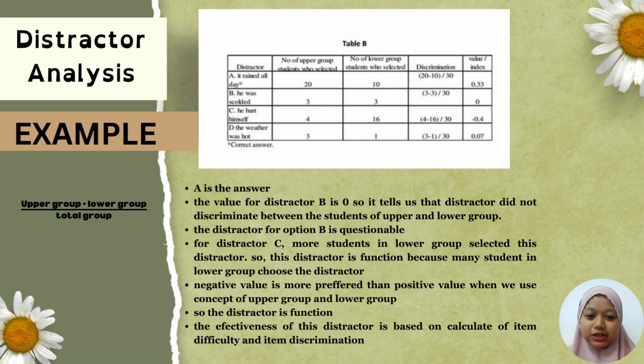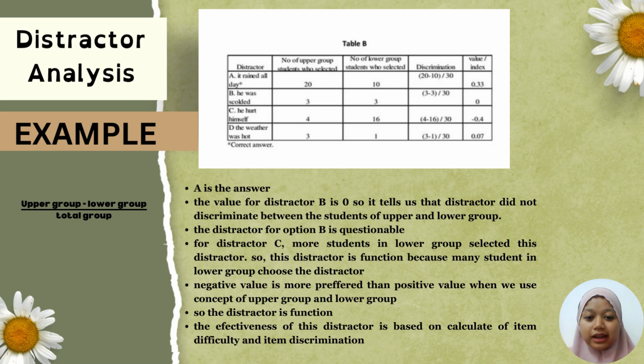Okay, last but not least, I want to show you all an example of distractor analysis based on upper group and lower group. Based on table B, A is the answer. First, the value for distractor B is 0. So it tells us that the distractor did not discriminate between the students of the upper and lower group.